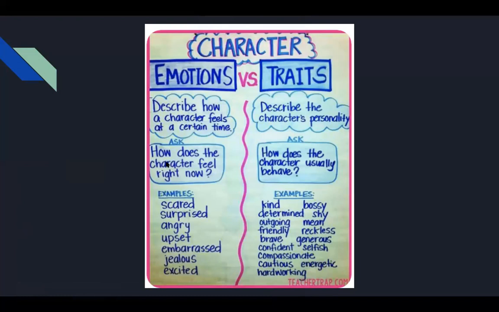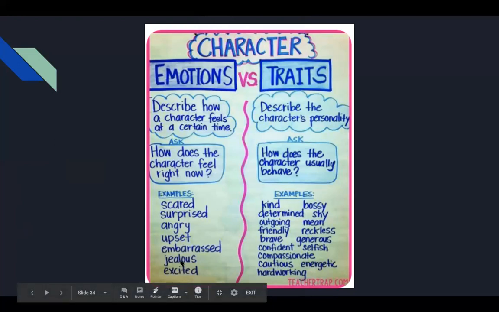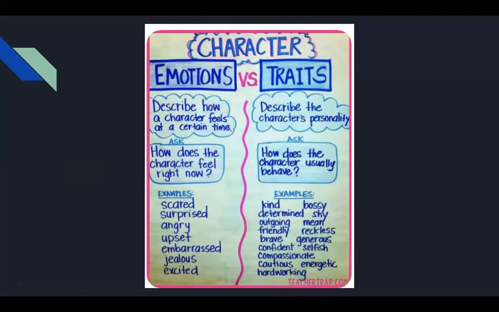You can ask yourself, how does the character feel right now? Examples are scared, surprised, angry, upset, embarrassed, jealous, excited. Those would be how a character feels at one specific point in the story. If something bad happened, how would the character feel?